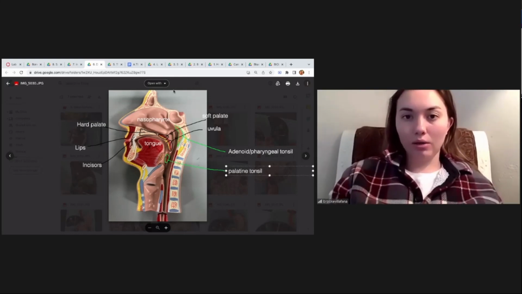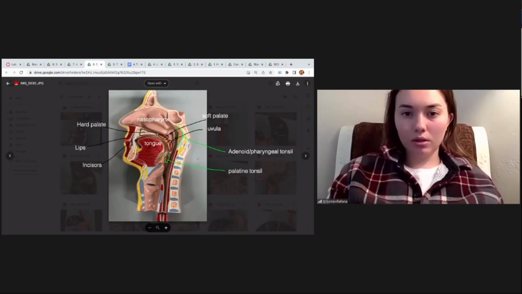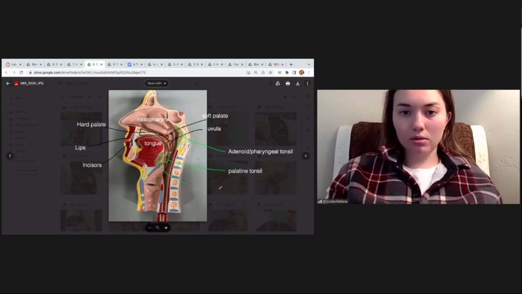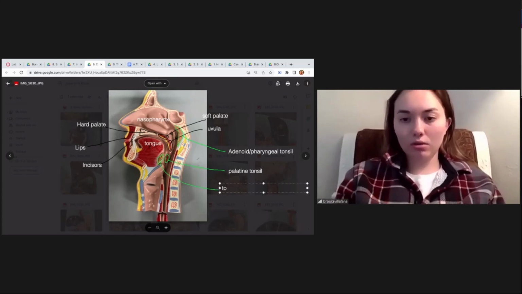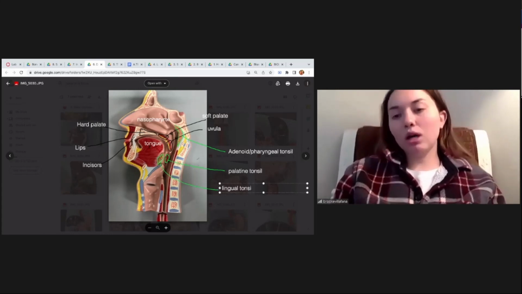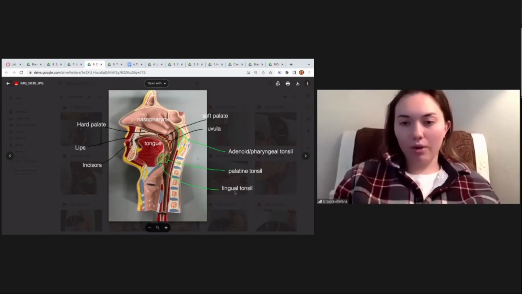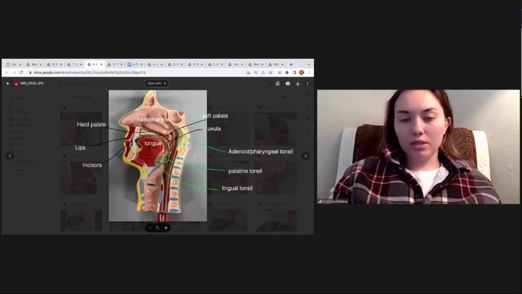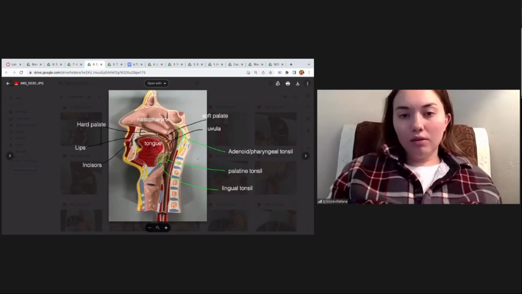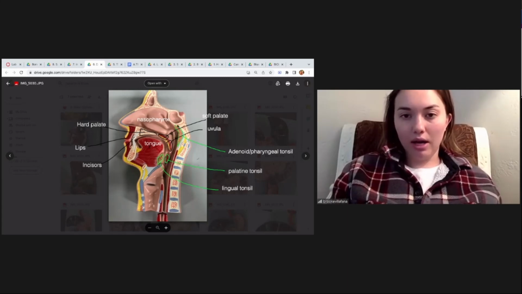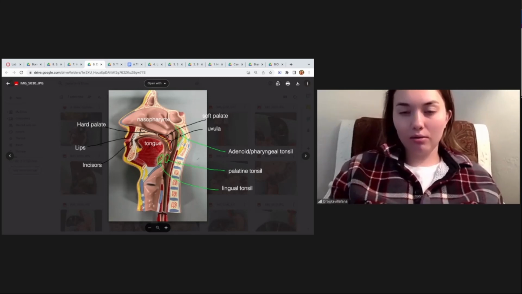And then our lingual tonsil. So you have 3 types of tonsils you need to know for the exam, right? Adenoid or pharyngeal. Lingual tonsil is easy to remember because that's the one that is on your tongue, lingual. Palatine, you can think of it in line with your soft palate, palatine, and then adenoid is above. Maybe think A above, adenoid, pharyngeal above.